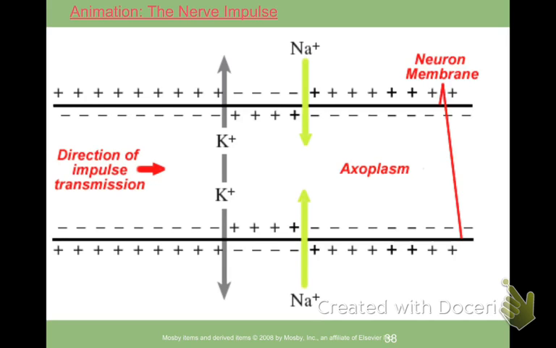What would the yellow arrow represent there? The sodium being pushed in. Let me ask you this: at position 1, at position 2, at position 3. At position 1, would we say that is a repolarized membrane, a depolarized membrane, or resting potential?